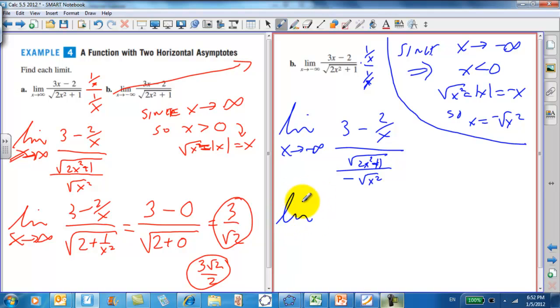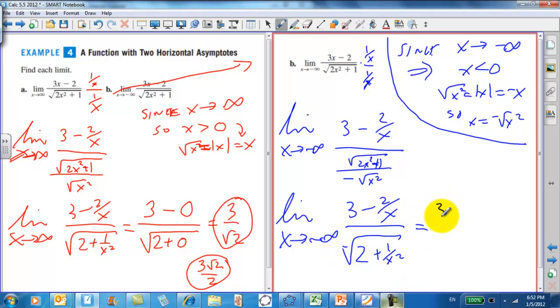So it's the limit as x goes to negative infinity of 3 minus 2 over x all over square root of 2 plus 1 over x squared. Let's not forget that negative sign. So we get 3 minus 0 over negative square root of 2 plus 0, or negative 3 over the square root of 2.